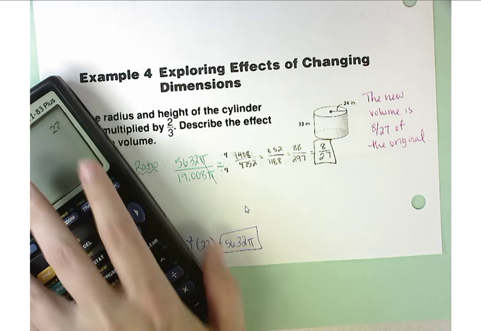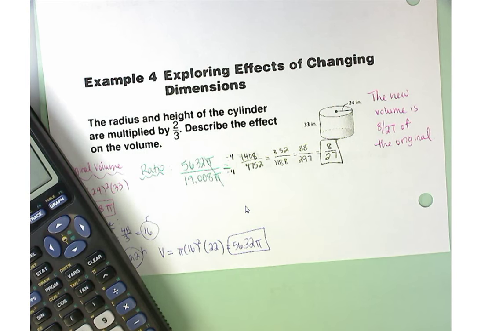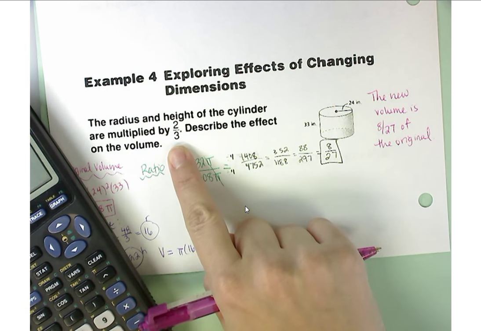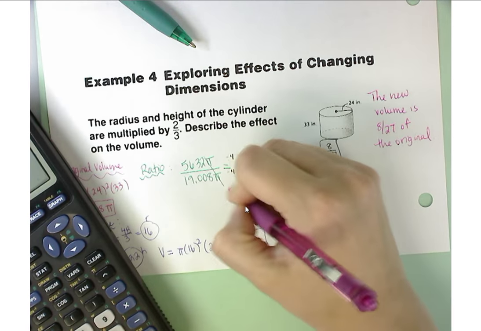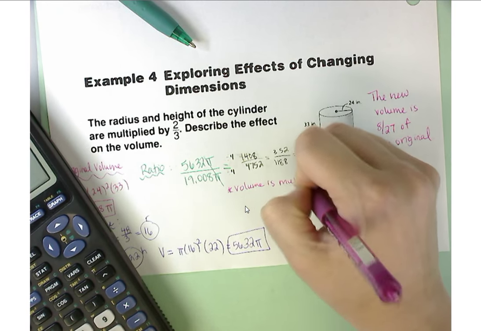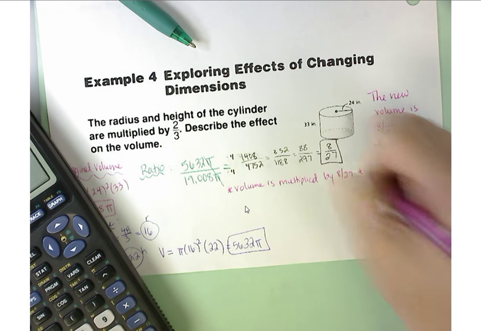Do you notice what ratio it is? Does anybody notice what the significance is of that 8/27? It's 2/3 cubed. So if you take the original 2/3 and you cube it, I'm just going to write here too. You could also say that the volume is multiplied by 8/27. That would also be acceptable along with this.